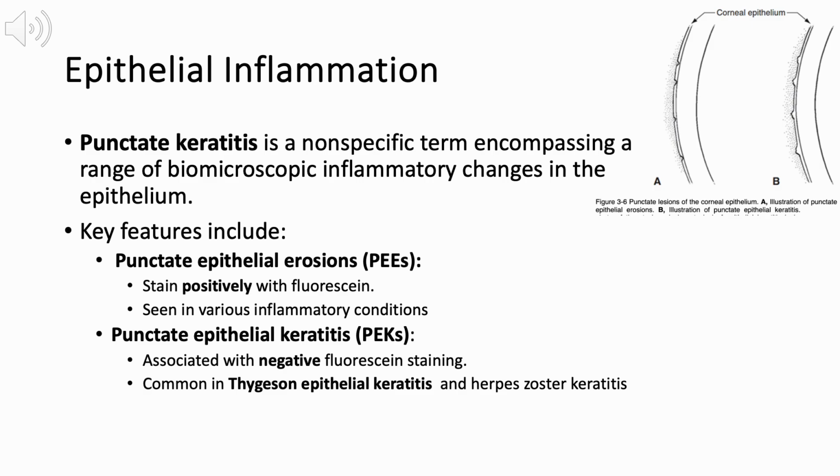Punctate epithelial keratitis, or PEKs, consists of small epithelial lesions that do not stain with fluorescein. These are commonly associated with adenoviral epithelial keratitis and herpes zoster keratitis. A key clinical distinction between the two lies in their staining properties and underlying pathology, as illustrated in Figure 3.6, which compares the structural appearance of PEEs and PEKs.